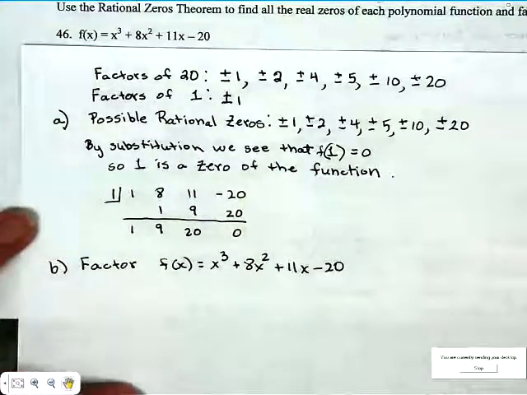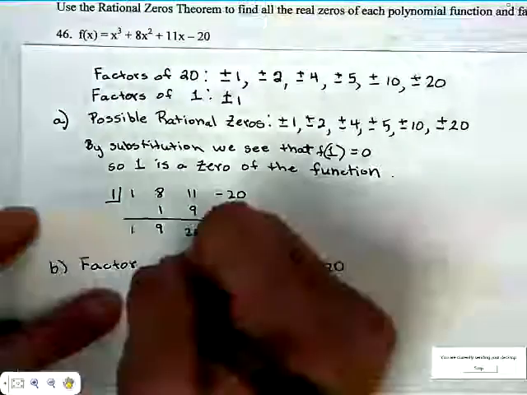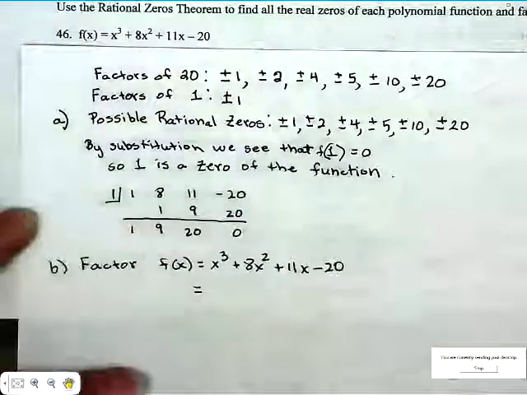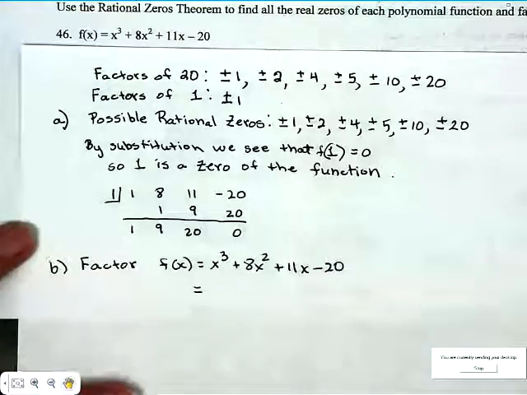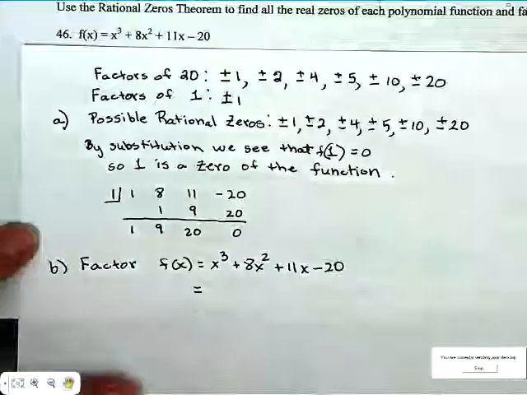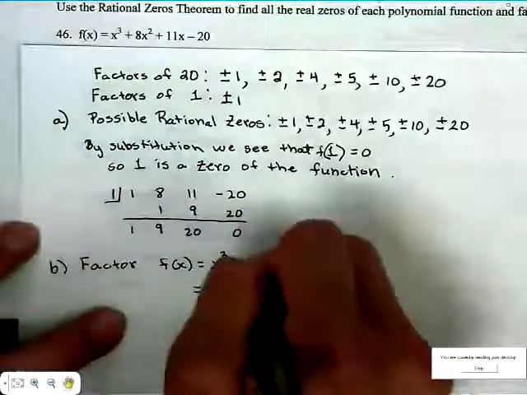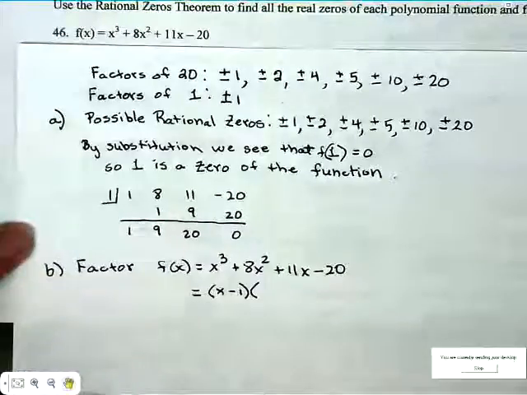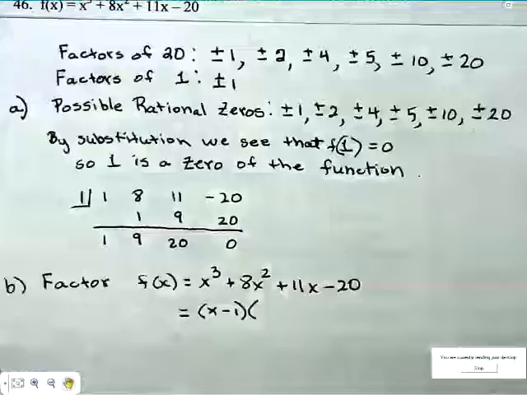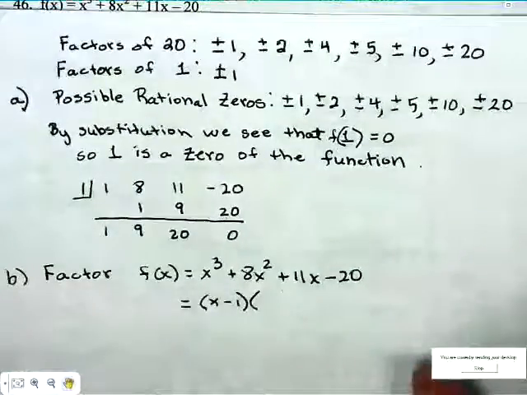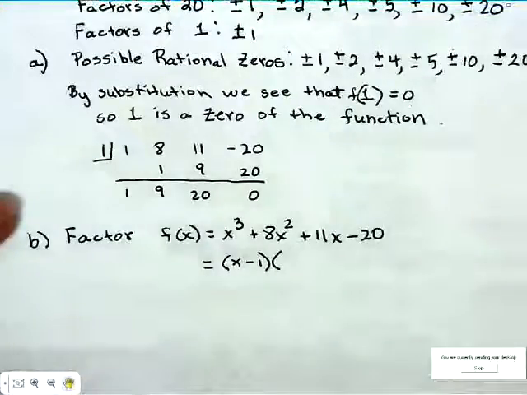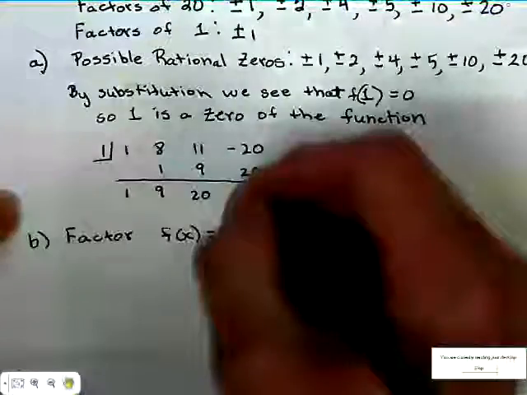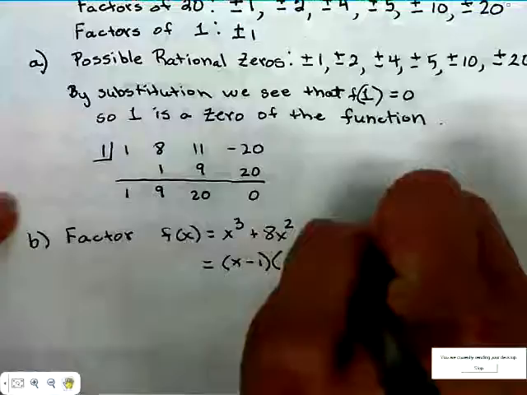Having the first zero allows me to factor the original function into, what's the divisor? If I have a 1 in the box, what have I actually divided by? X minus 1. And what's my quotient? Look at the bottom line of synthetic division. X squared plus 9x plus 20.